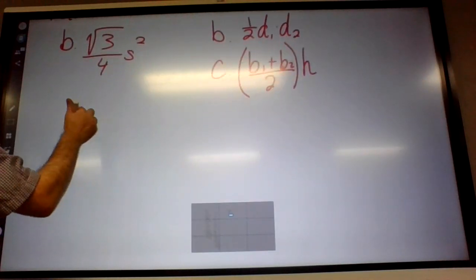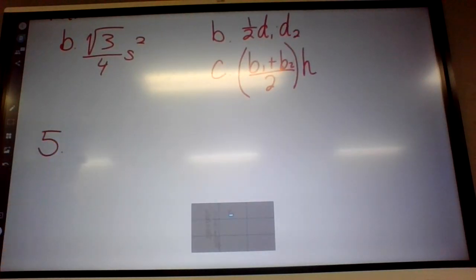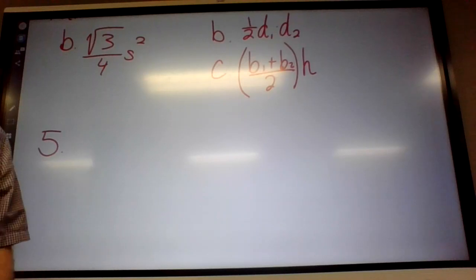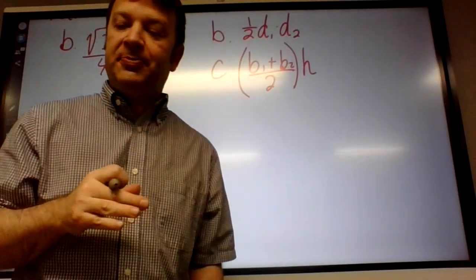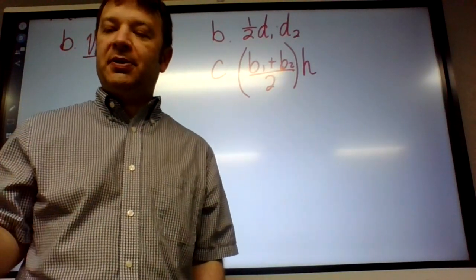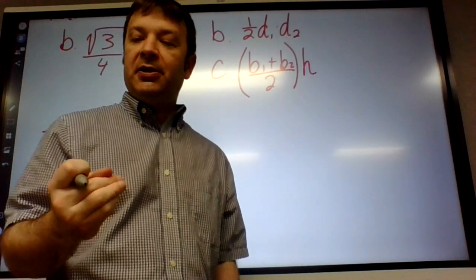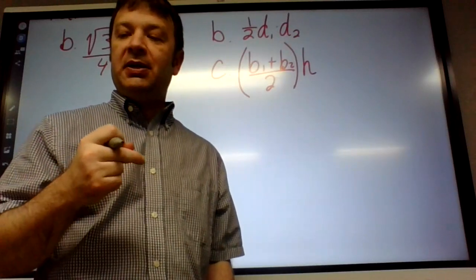Okay, number 5. Okay, how do I find the base area for number 5? What they said in the directions is that these bases are regular, which means all the sides are the same. So basically on number 5, the base is a square.